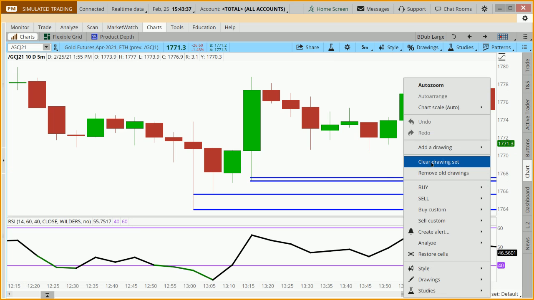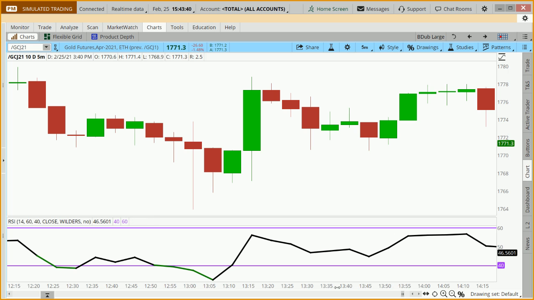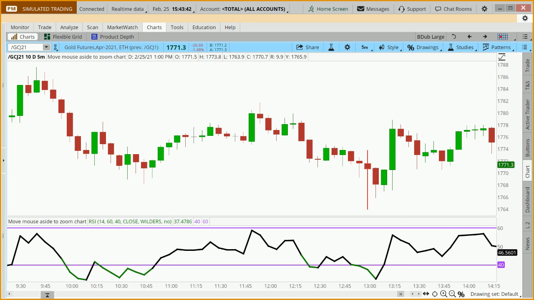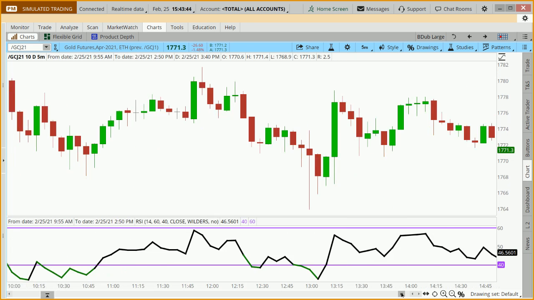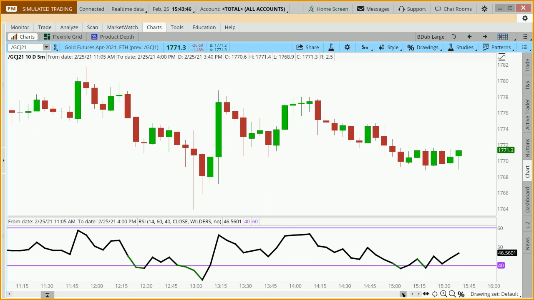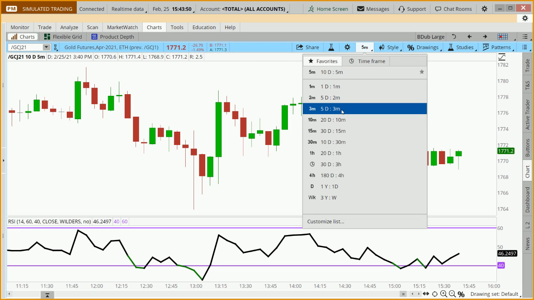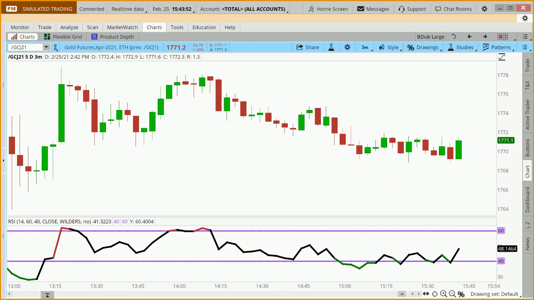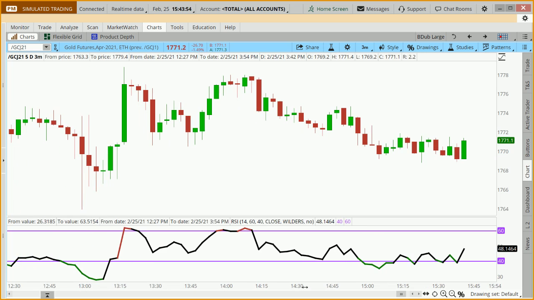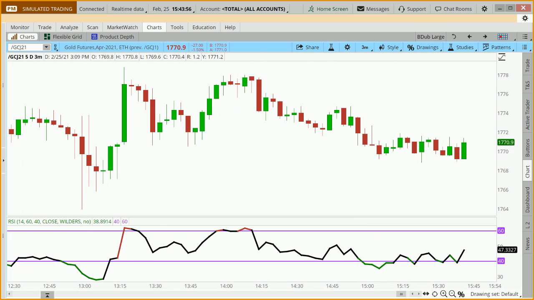Clean up the chart. There we go. That doesn't look like it's quite the same, so actually it might even be 3 minutes. Let's check that out. That looks a little bit more similar to what we were just looking at, although, again, we're not seeing the same kind of detail that we were seeing in the tick chart, right?